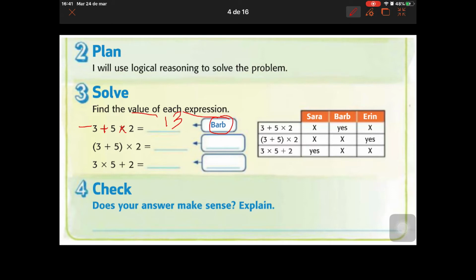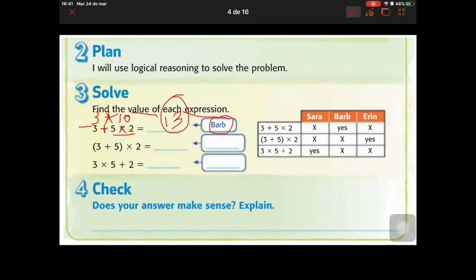So we're gonna multiply 5 times 2 equals 10, and then we can add these two. So 3 plus 10 equals 13, right? So now we know why they got this expression correct. Yes? Okay.